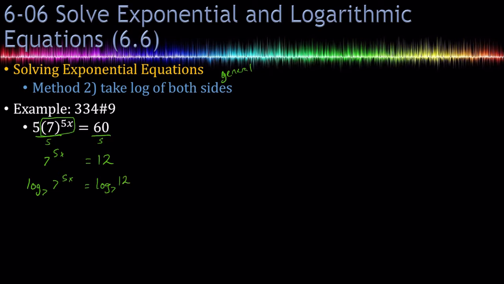So it's like you use a square root to cancel x squared, you use a cube root to cancel x cubed, you use base 7 to cancel base 7. And now just finally divide by 5, so it's log base 7 of 12 over 5.